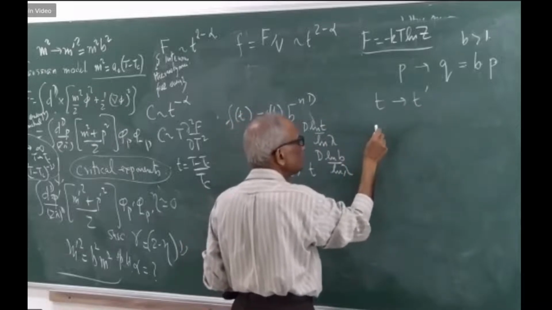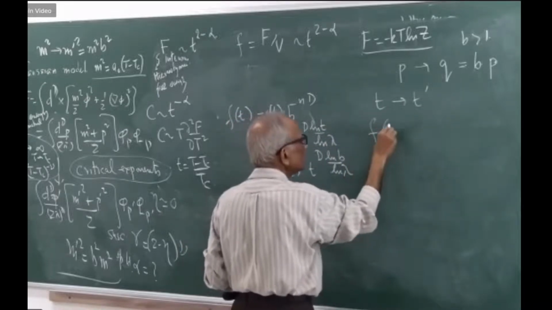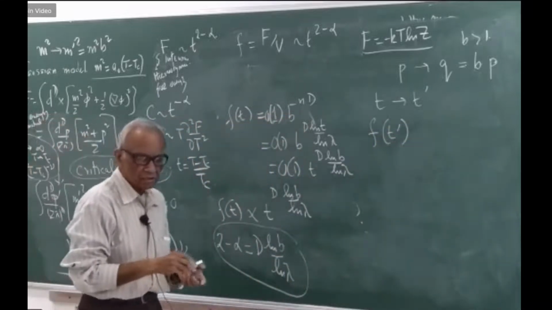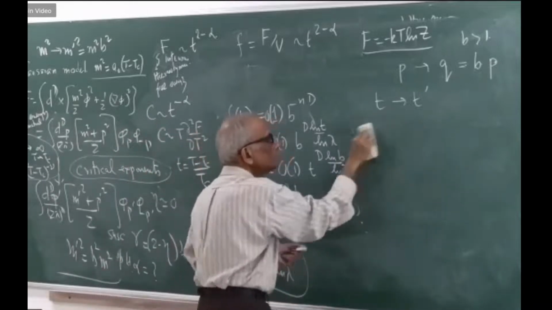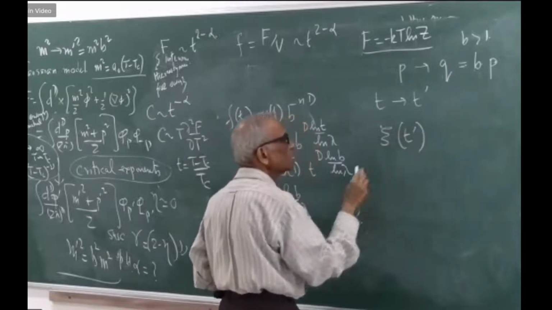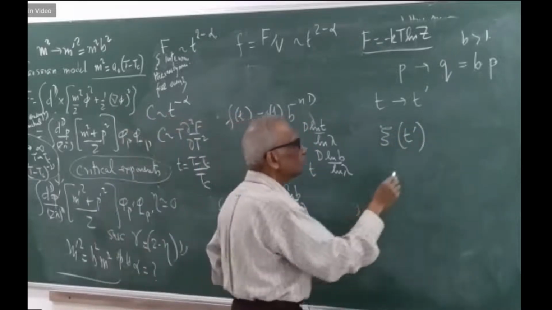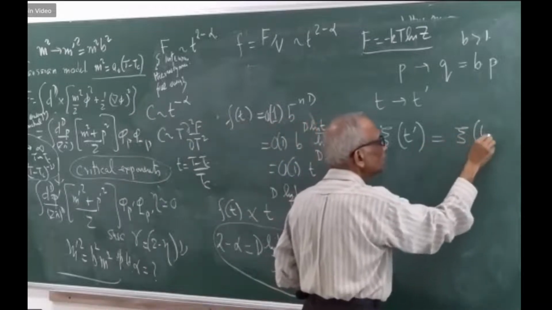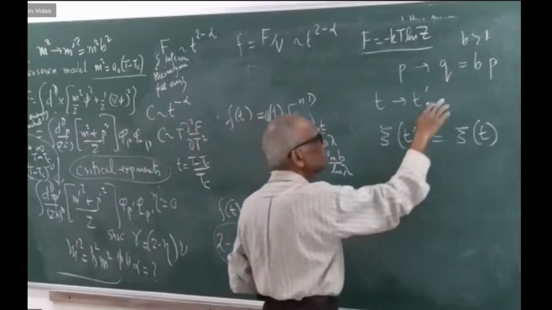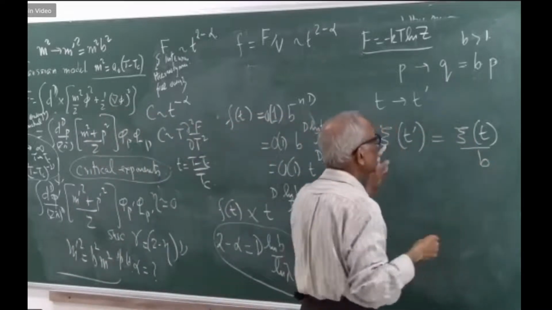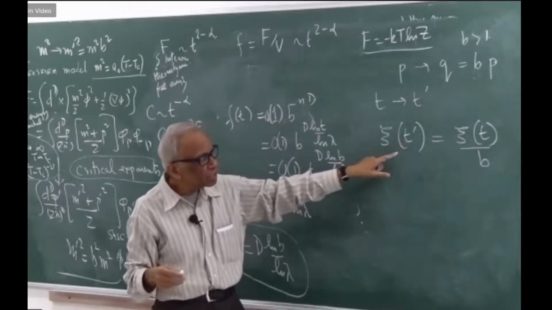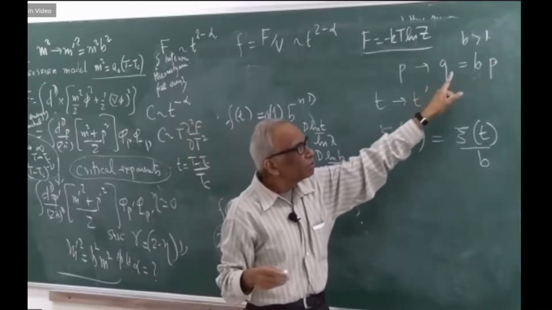The length in the problem, xi of t prime, is now going to become smaller than the correlation length at temperature t. And the scale is by b. So the correlation length, when I'm further away from criticality at t prime, is smaller because of this transformation.